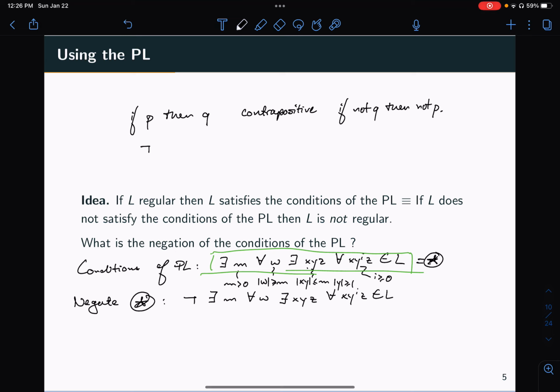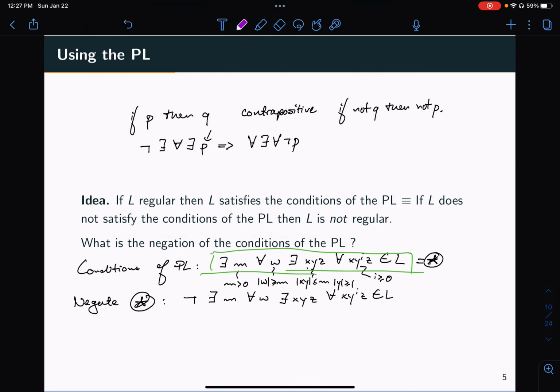If you have a negation on a sequence of quantifiers, then the rule is to flip the quantifier from an existential to a universal, and a universal to an existential, and then negate the last statement. So to negate this, you would convert the first existential to a universal, the subsequent universal to an existential, again the same thing, and then negate the statement P.